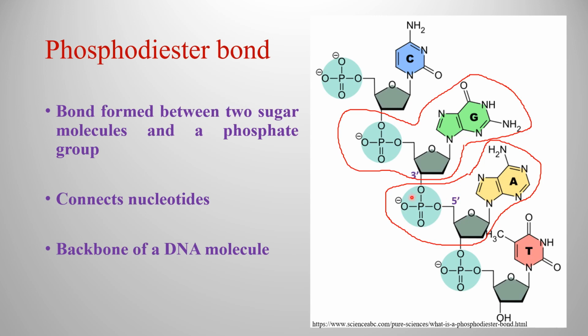The phosphate group connected to the fifth carbon position of the sugar molecule of one nucleotide is linked to the third carbon position of the sugar molecule of the other nucleotide. This linkage is known as a phosphodiester linkage or phosphodiester bond. This bond connects the nucleotides to each other, forming the backbone of a DNA molecule.